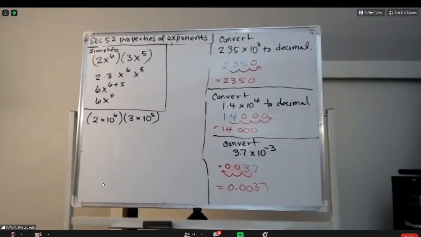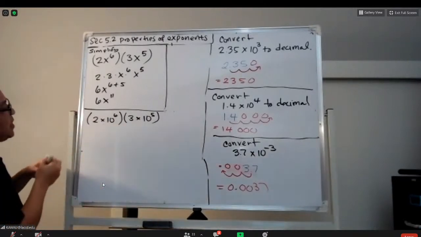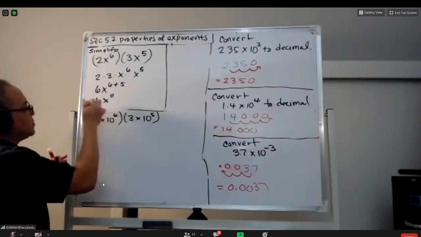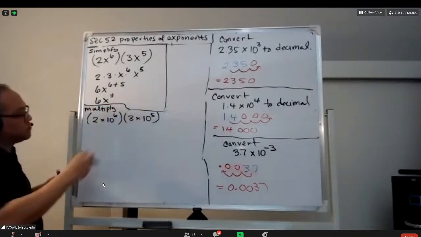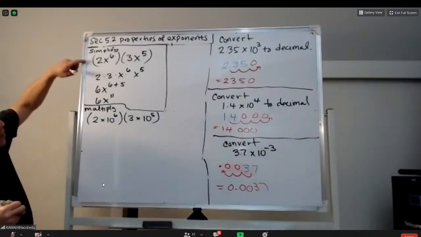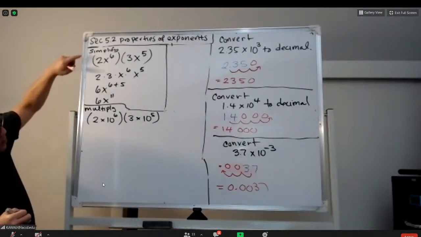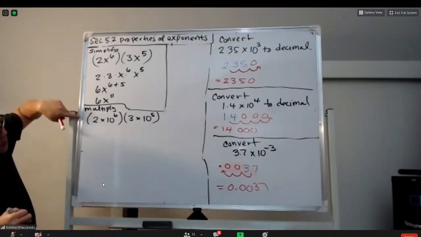What happens to the variables then? There's no variables. So this is a completely different problem. Let me write it like that. Okay. So we're going to use the same technique that we did up here. So this is a new problem.